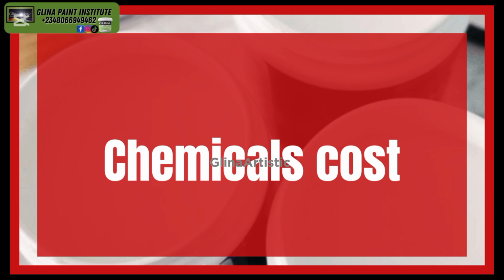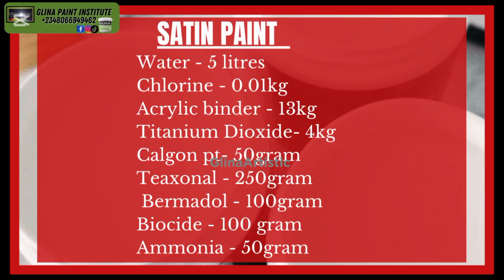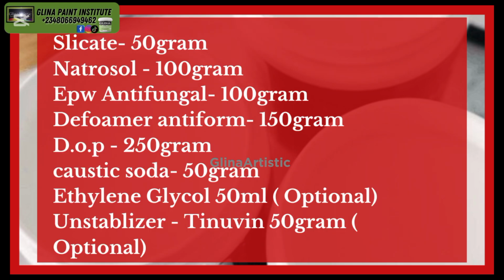So now under chemicals as well, we are all now conversant with the chemicals because we've done the listing of the chemicals. We have the water, we have the calcium carbonate, we have the chlorine, we have the acrylic, we have the titanium dioxide, we have the biocide, we have the texanol, we have the banamol, nitrosol, the antifungal, we have the defoamer, we have the ammonia, we have the silicate, we have the DOP, and we have caustic soda.